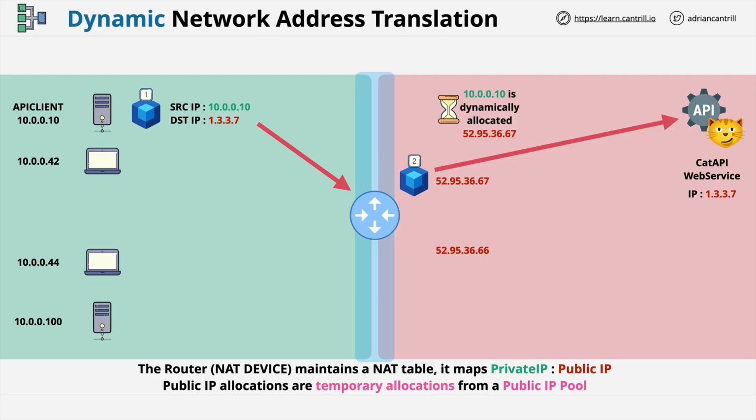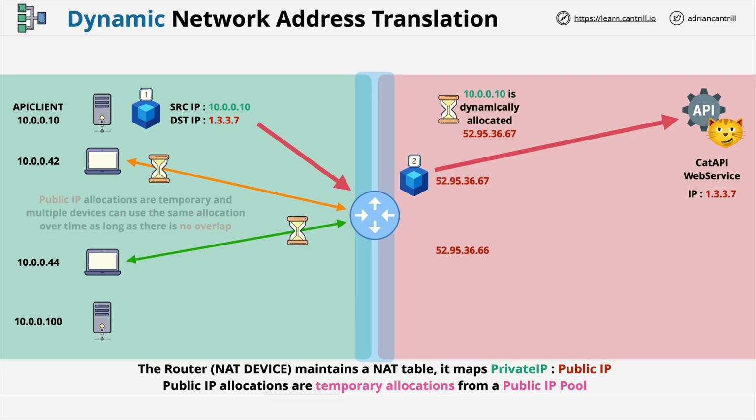So this process is the same so far as if we were using static NAT, but because dynamic NAT allocates addressing on a dynamic and temporary basis, multiple private devices can share a single public IP as long as there is no overlap, so as long as the devices use the allocations at different times.